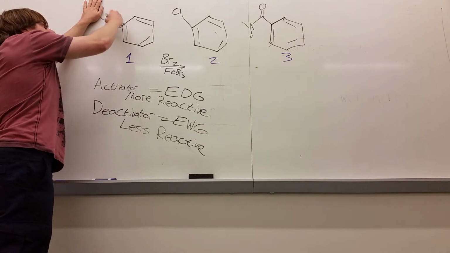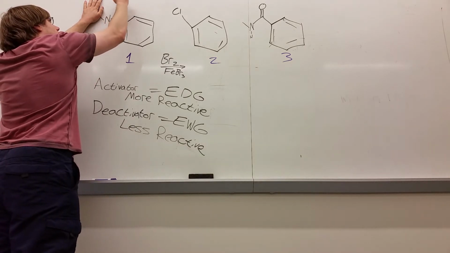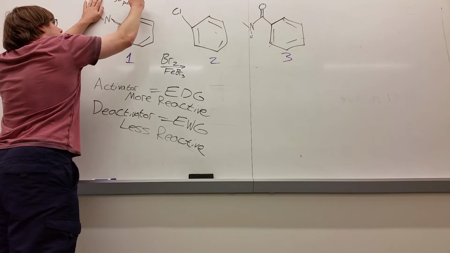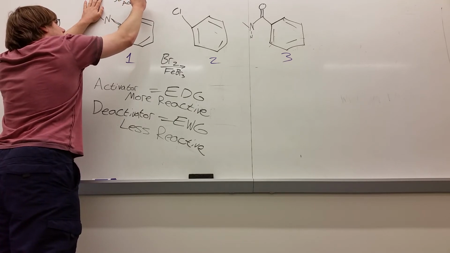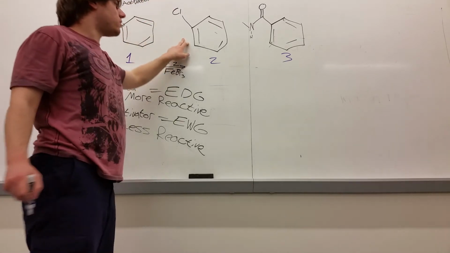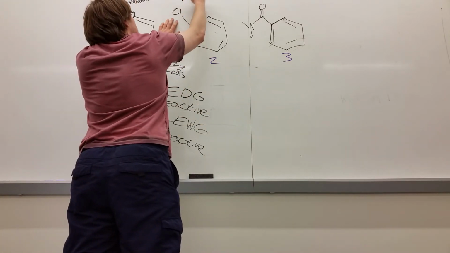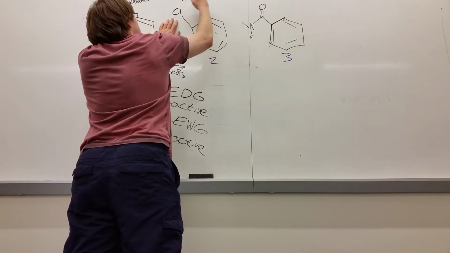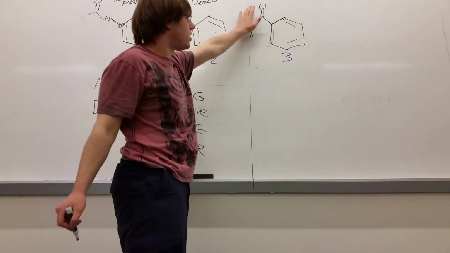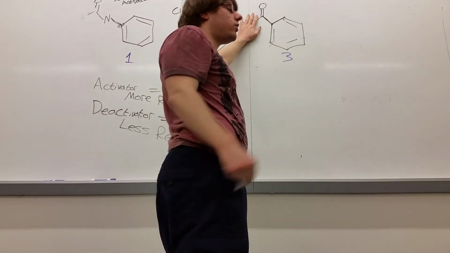And if you look at your cover sheet, you will see that nitrogen is a strong activator, or a strong donating group. If you look at your cover sheet again, chlorine is listed as a weak deactivator. And if you look at your cover sheet again, cover up everything that isn't a single bond off the benzene. So just that double bond O carbon.